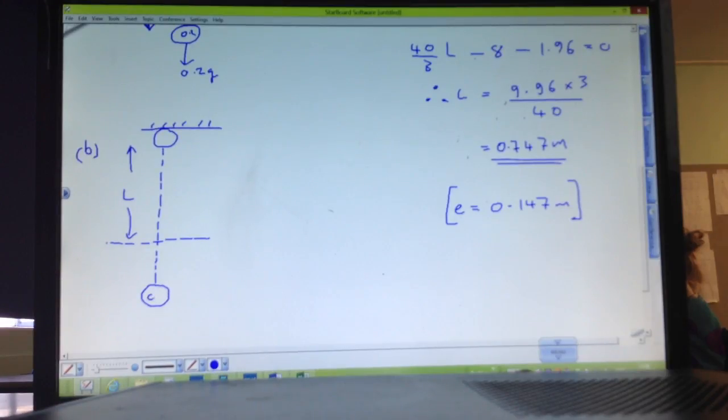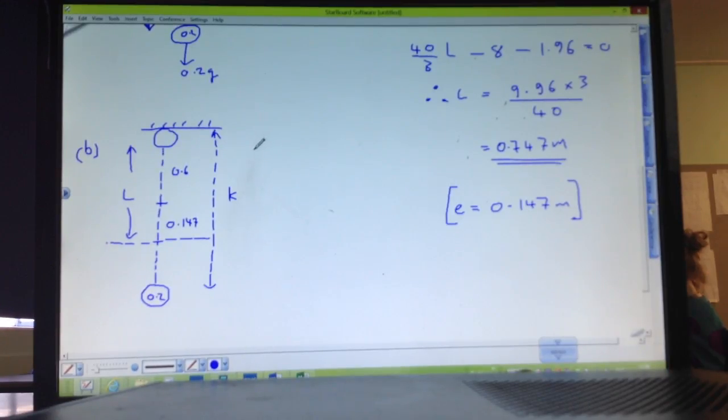The mass is 0.2, and that distance down there is k. My natural length I will put on is 0.6, and my e there is 0.147, just in case I need it. I don't know where I'm going to go with this, but here we go.